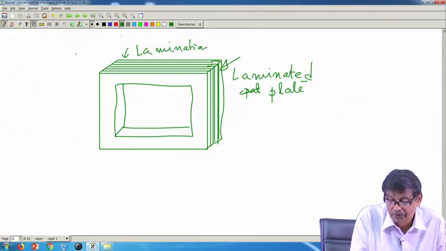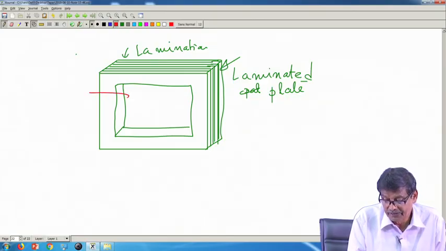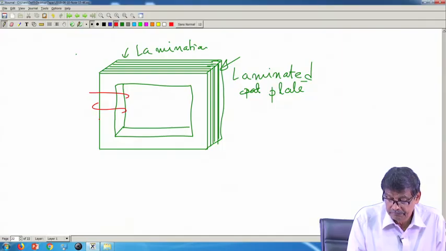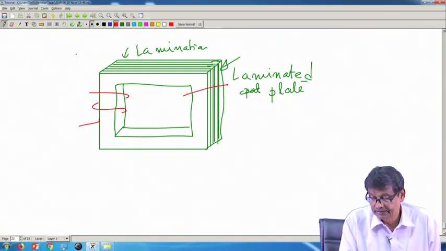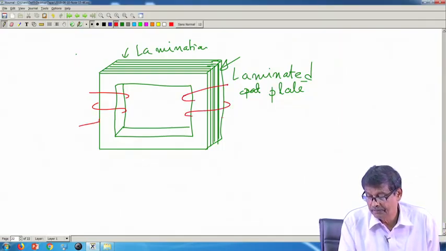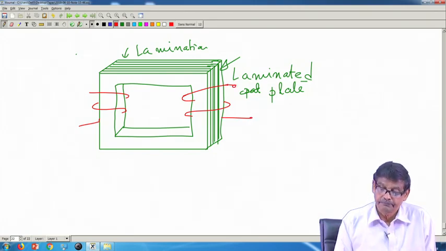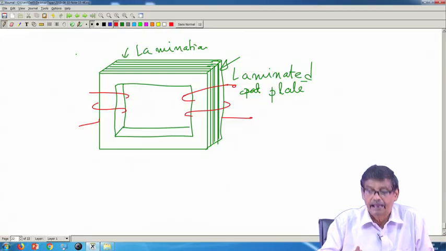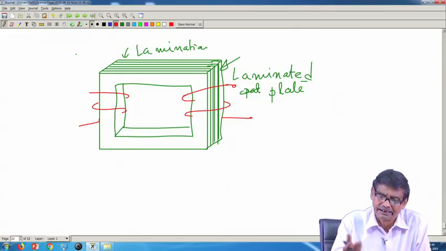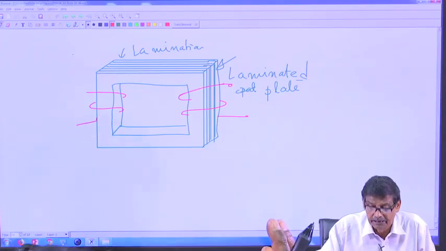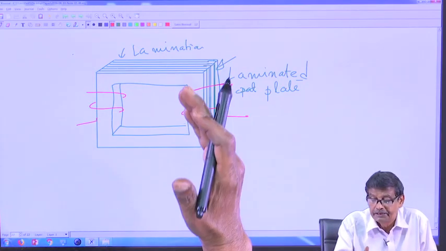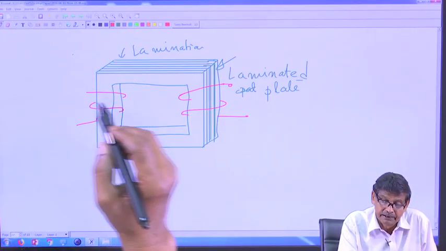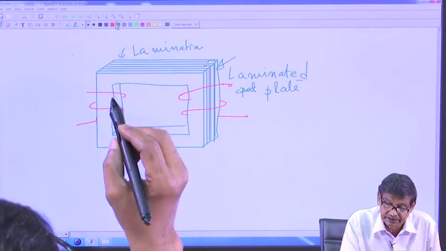Then you make your winding not over a solid piece of iron, but like this. On the other side it is like this, make your primary and secondary. So, eddy current loss depends on Bmax square, f square and thickness of the plate square. Thickness should be 0.2, 0.3 millimeter, and each plate is insulated from the other, and this will also be reflected in this drawing.